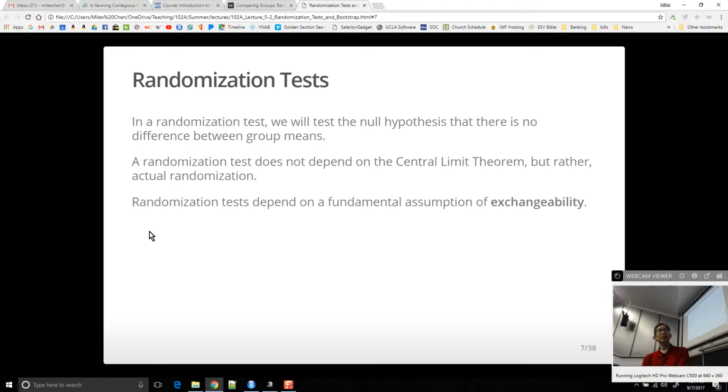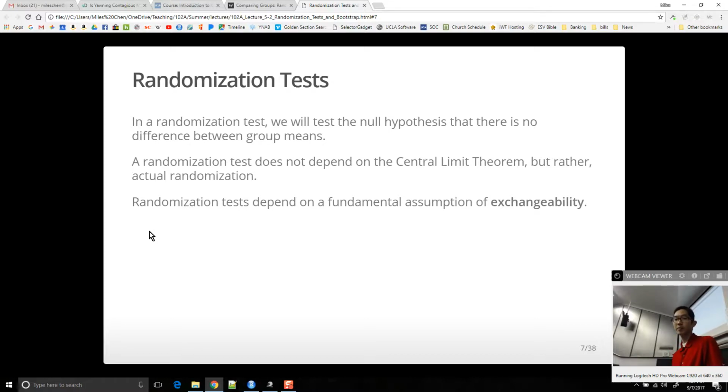What we can do, instead of having this t-distribution which relies on the central limit theorem, is a randomization test. And with a randomization test, we are testing the same null hypothesis: that there is no difference between the group means.